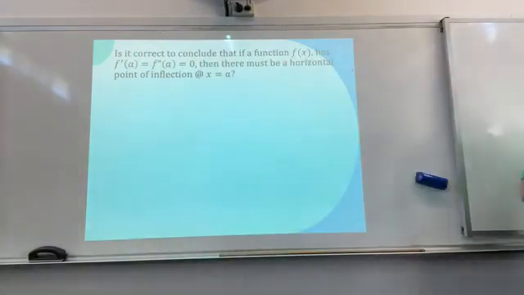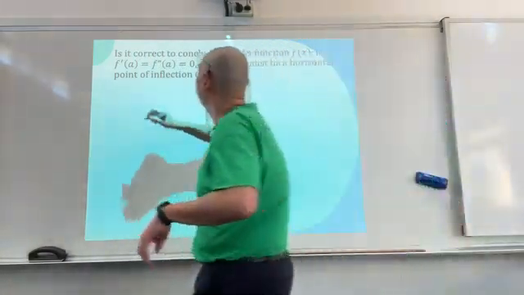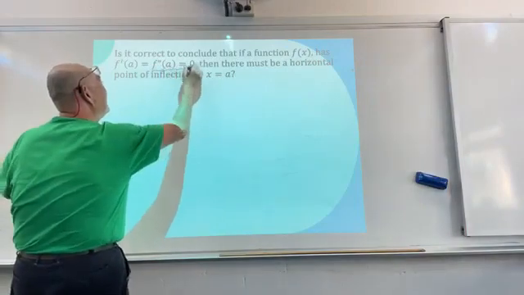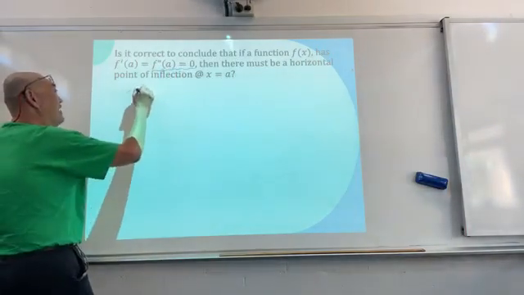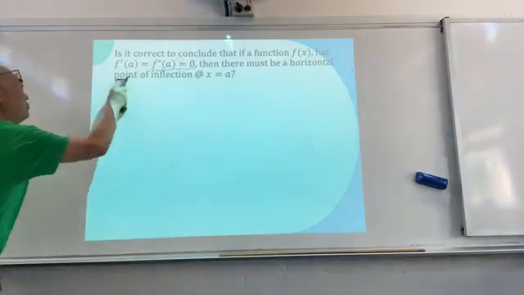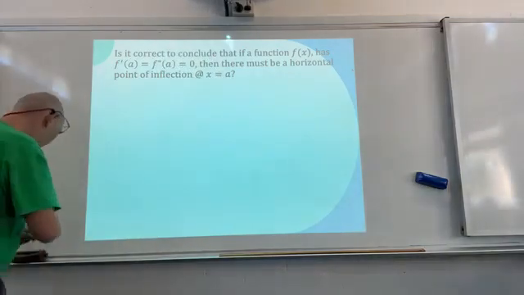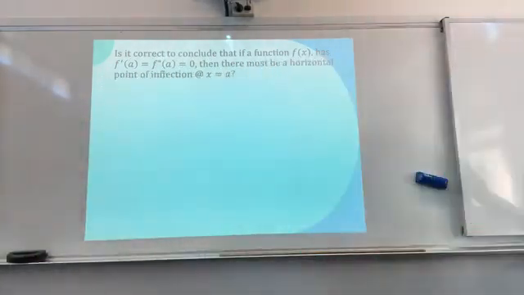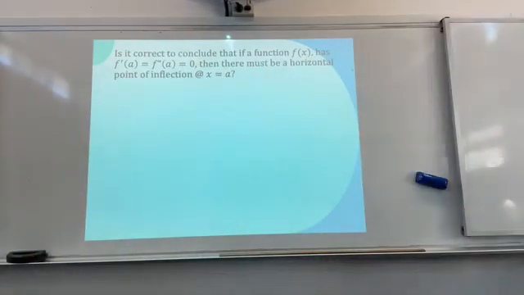Now, I'm telling you that this is 0. So I've got f(x) equals x to the 4, then I've got a turning point.